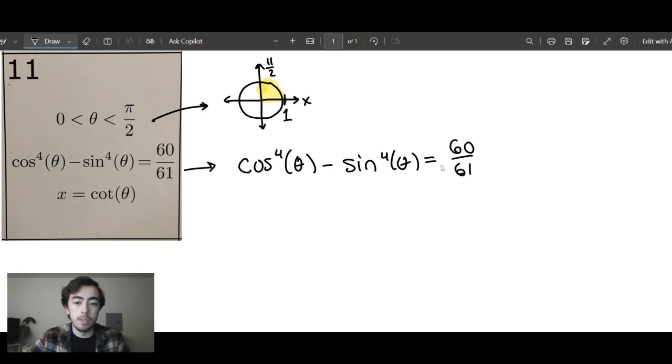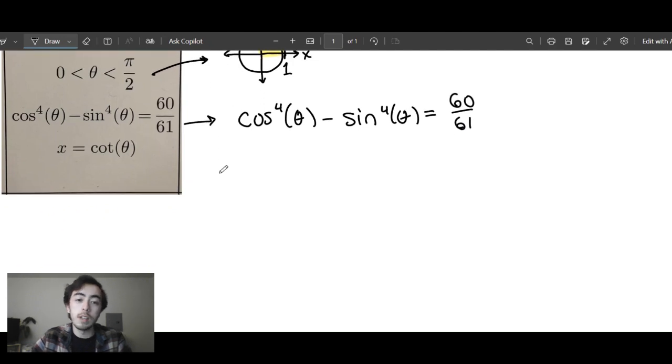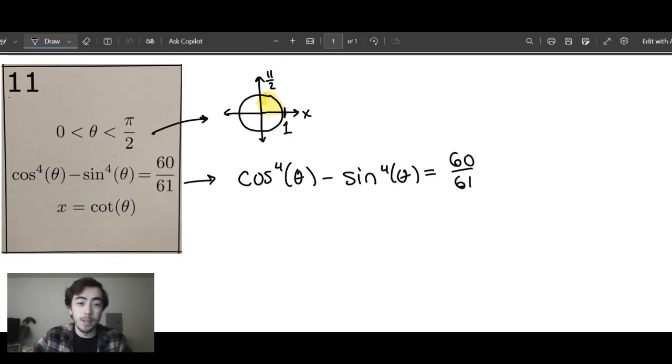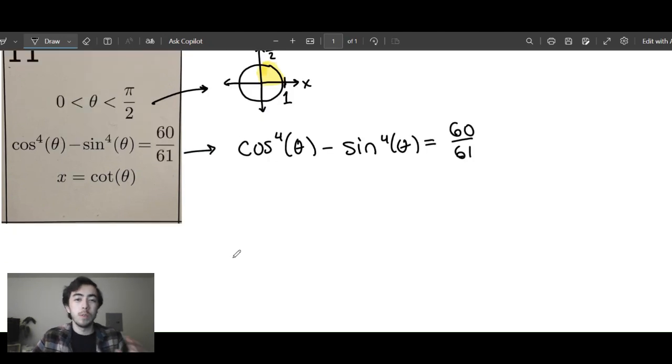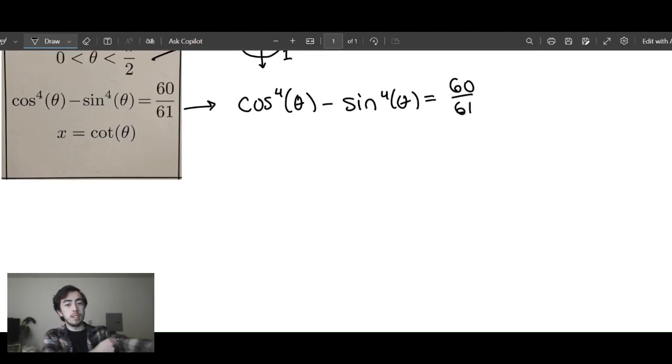Now, trying to just solve this directly would be pretty tricky, and solving it with guess and check would probably be impossible because there's an infinite amount of numbers between 0 and pi over 2 that we'd have to check. So let's use something a little bit wiser.